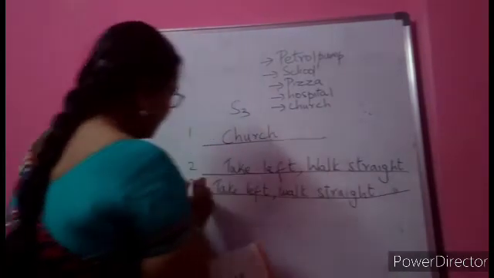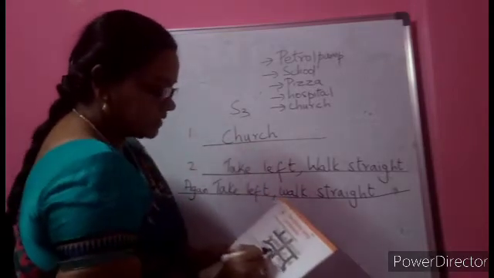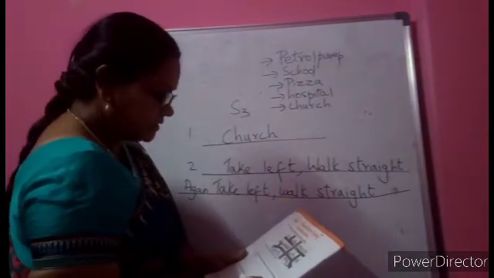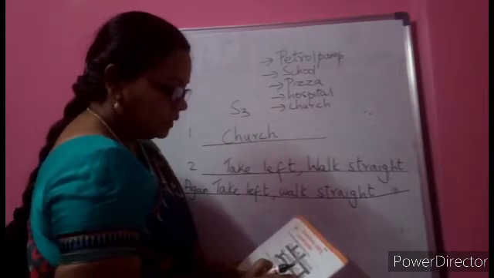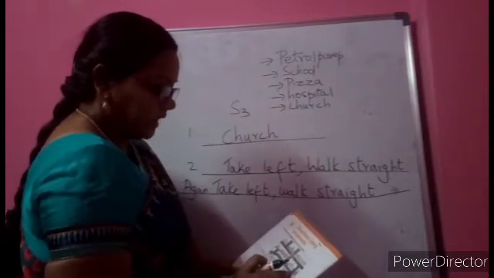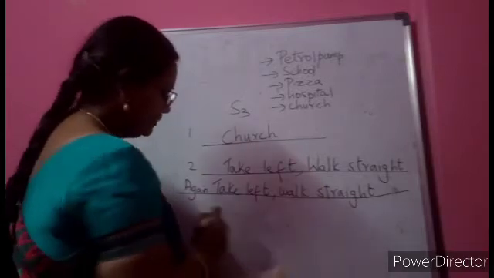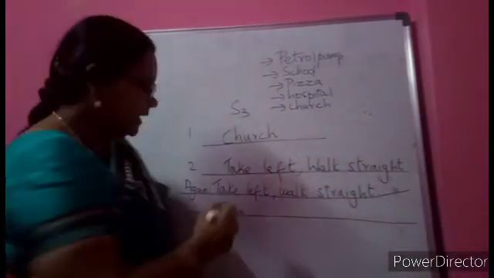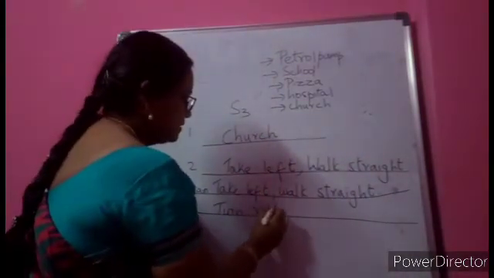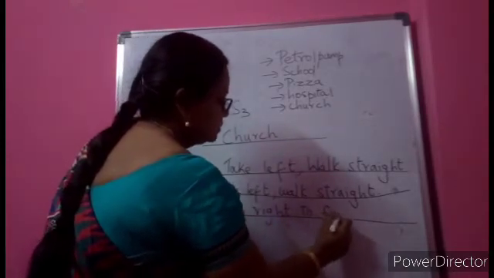So again you can add here, again take left and he has to walk straight. And where does he have to reach? He has to reach the church. No, children, if he walks straight, he can find the church. Yes, walk straight. Again he has to turn right to find the church.